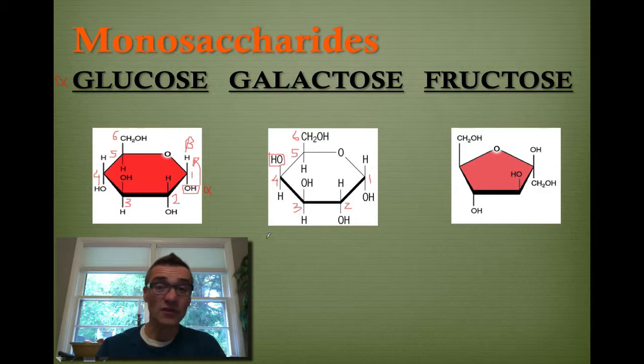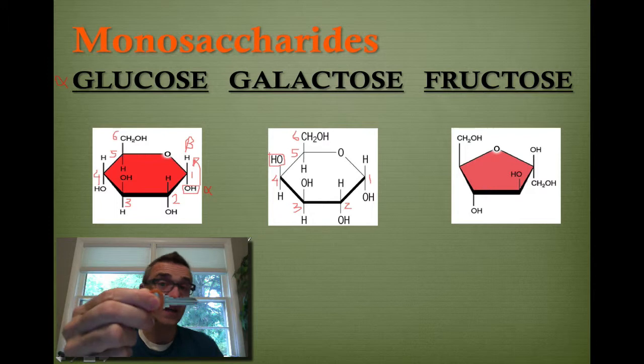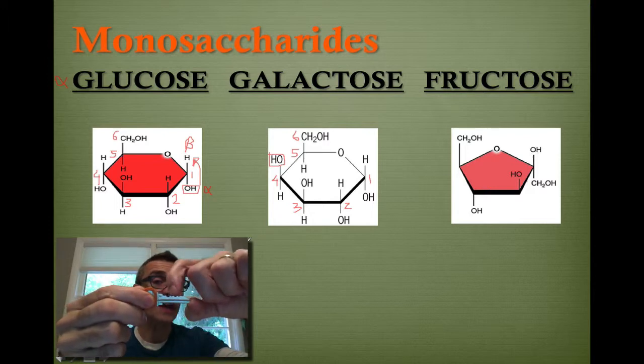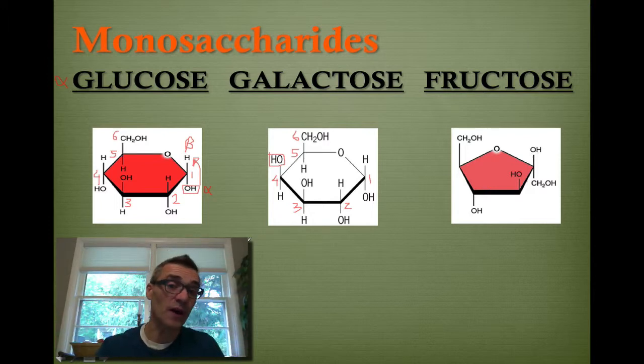The difference between glucose and galactose is simply the position of that one hydroxyl, and it's very small. But again, like a key, one little change makes a big difference, and that's why galactose is a totally different sugar. Now, over here we have fructose, and if you look at fructose, you'll notice right away, first of all, that the shape is quite different. It's only a 5-sided ring.